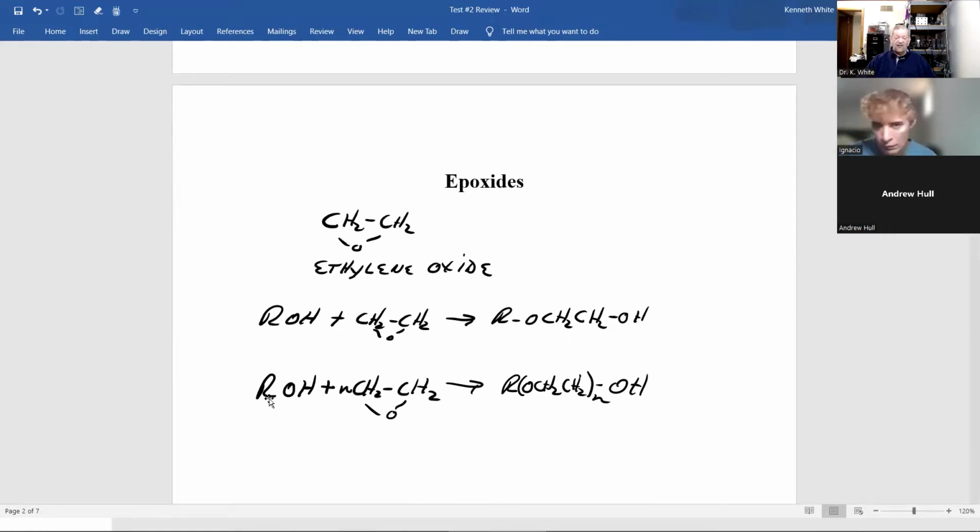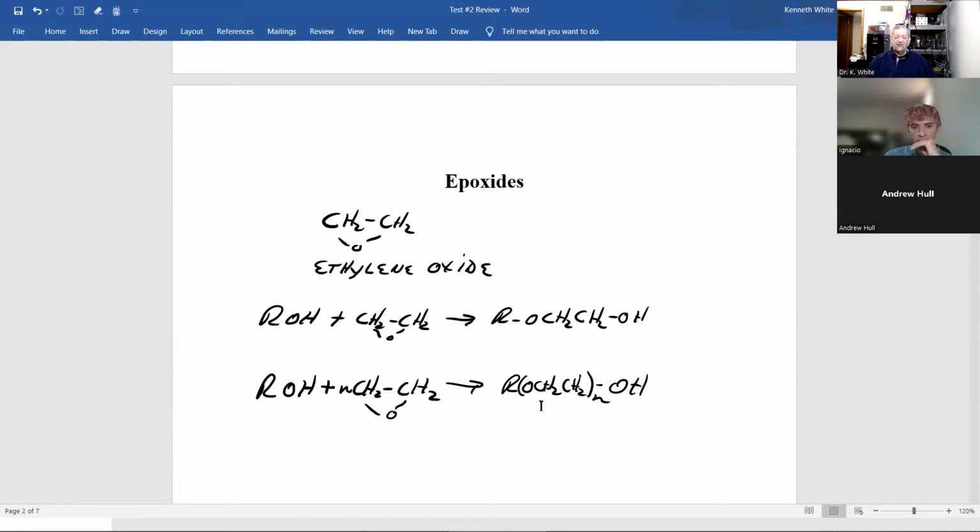Now, if you take an alcohol and react it with, notice the n in front of the CH2CH2O, the ethylene oxide, that's n molecules or moles, then you get a polyether alcohol, written like this, where n, the number of times OCH2CH2 repeats, comes from this n.